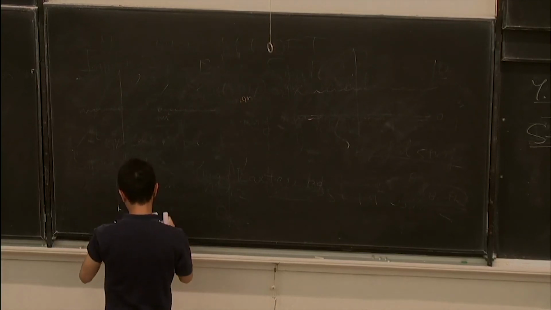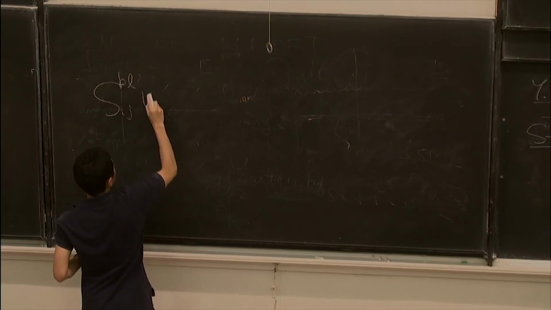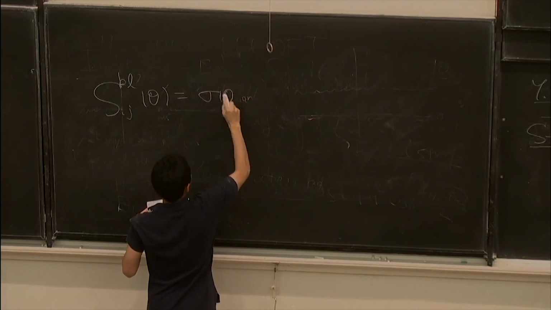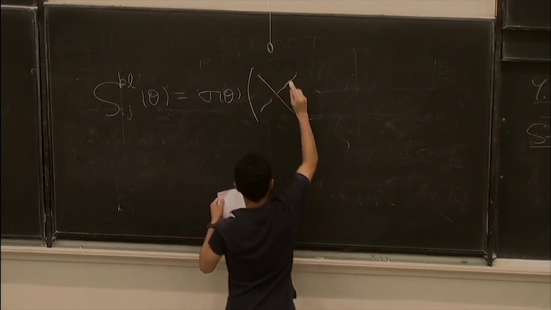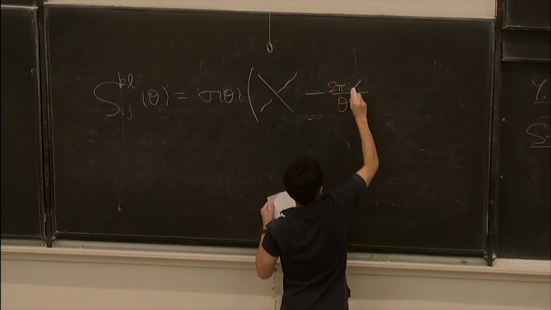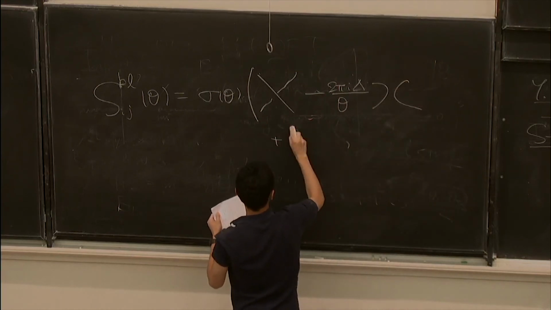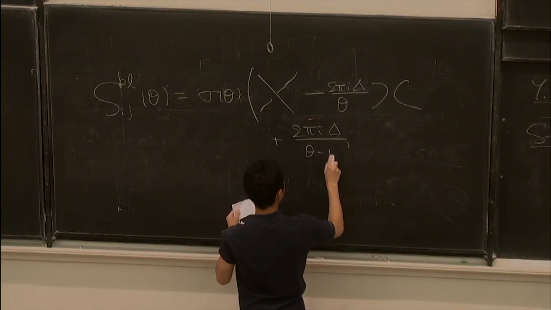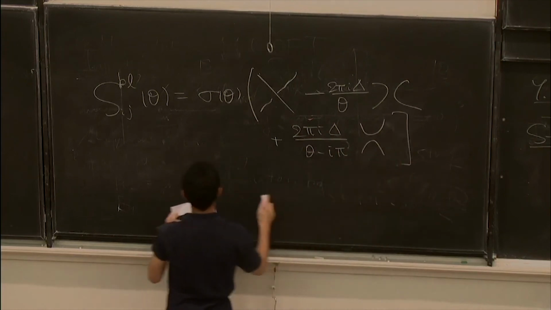S_ijkl(θ) equals σ(θ) times this tensor structure, minus θ over 2πi δ, this tensor structure, plus 2πi δ over θ minus iπ times this tensor structure.